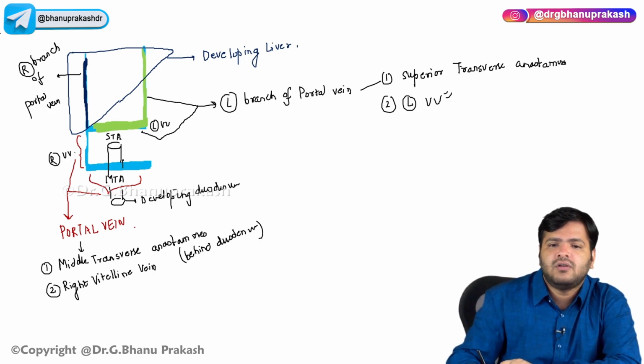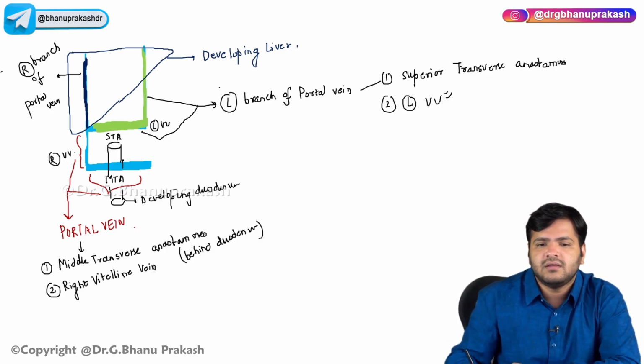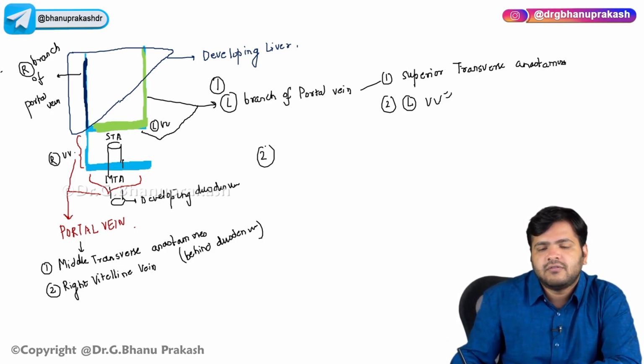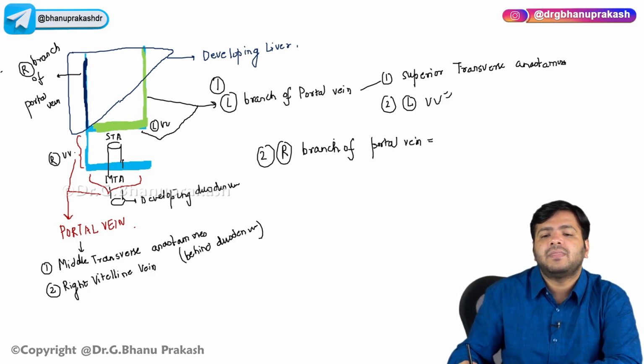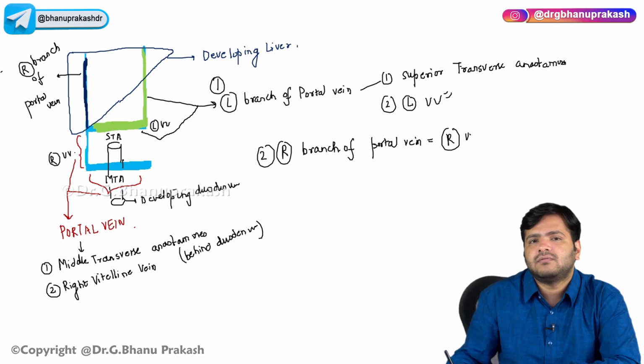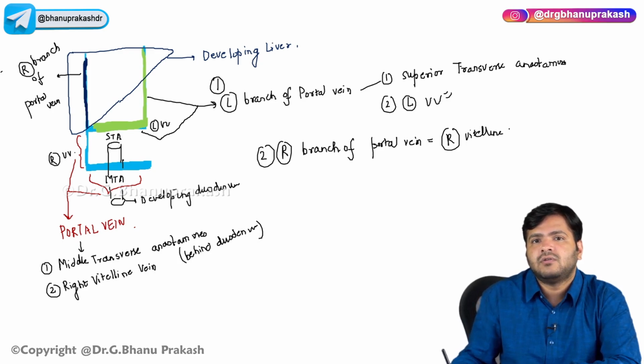But the right branch of the portal vein. So you already know about the left branch, right? The right branch of the portal vein is basically coming from the right vitelline vein, okay.